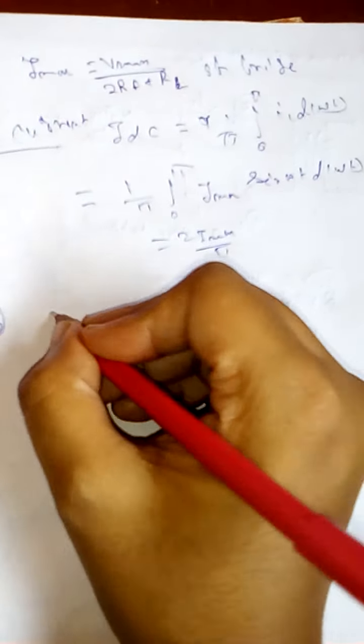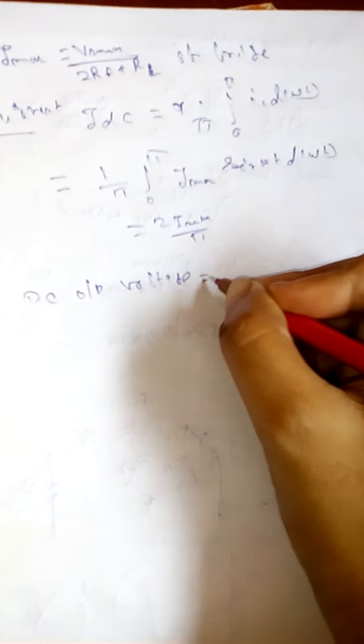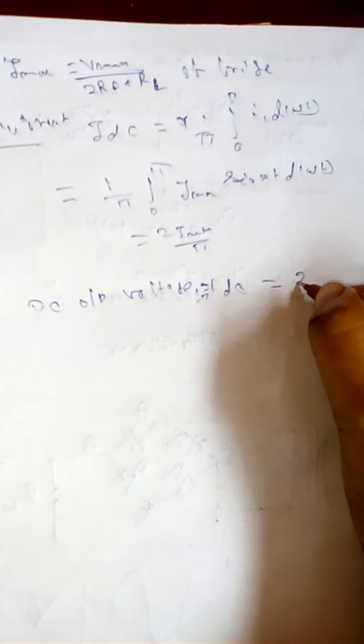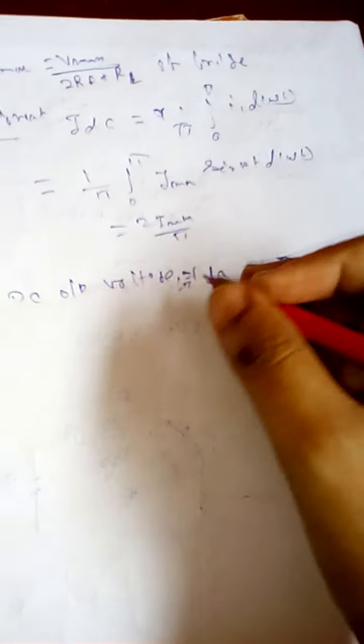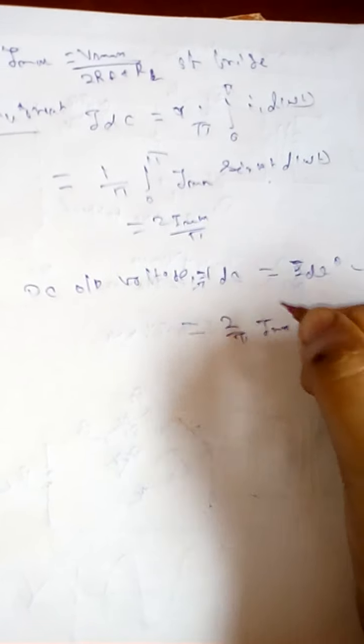Third one is the DC output voltage. VDC equal to IDC into RL, means 2 I max by pi into RL.